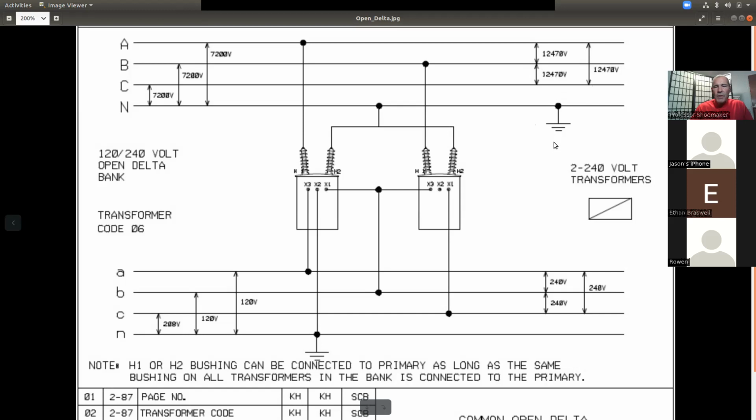You notice over here also, what do we do to the neutral in a Y configured system? What am I hovering around right here? Grounded. Yeah, it's a grounded system, so you've got to include your ground in that also. Like us, we try to teach you tips of the trade here. How many transformers are in an open delta bank?